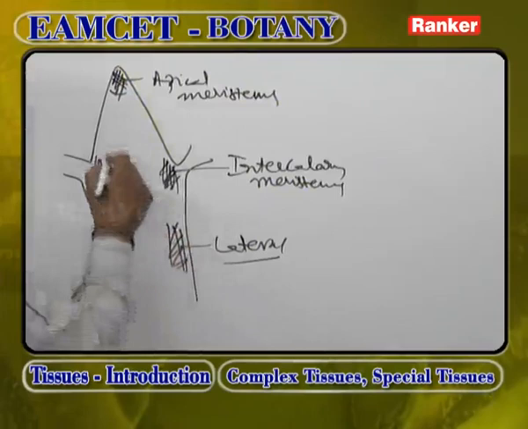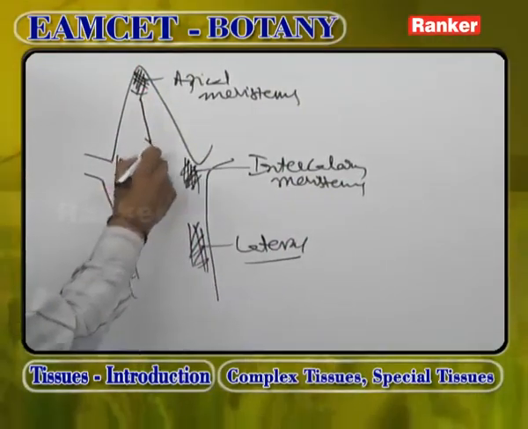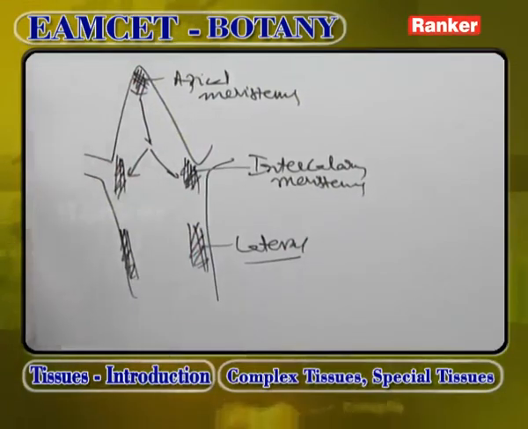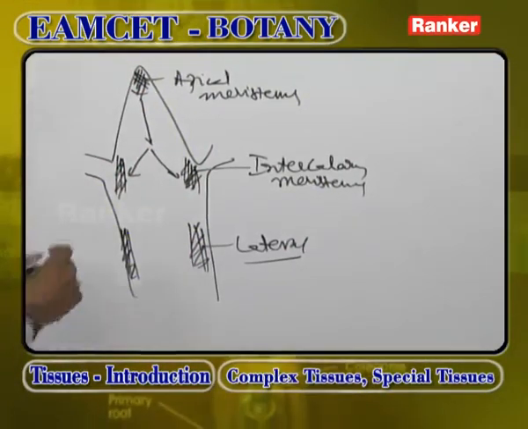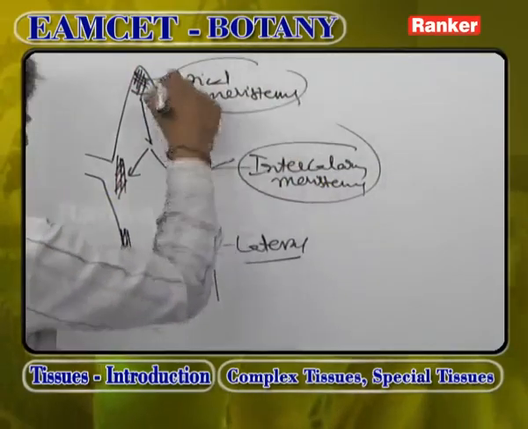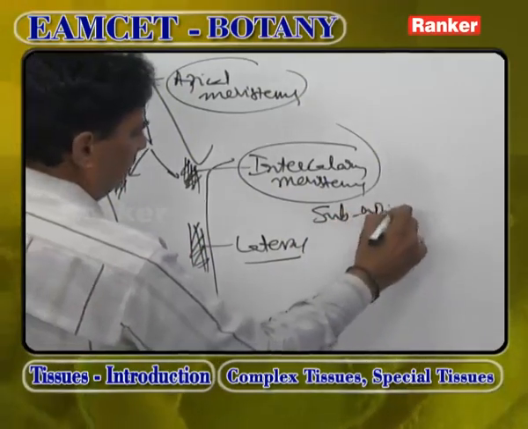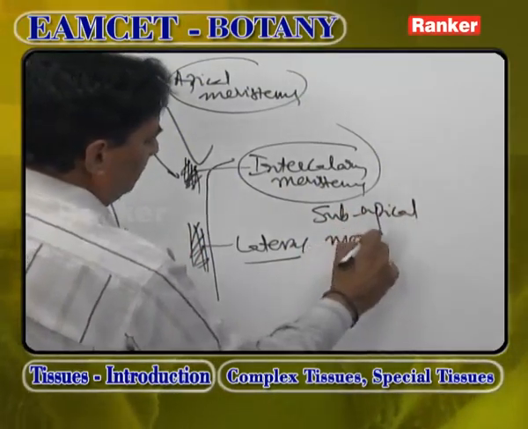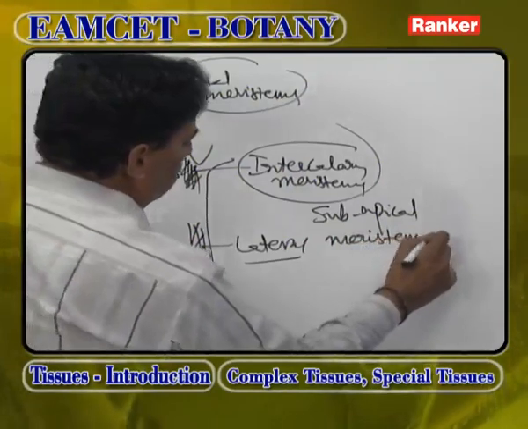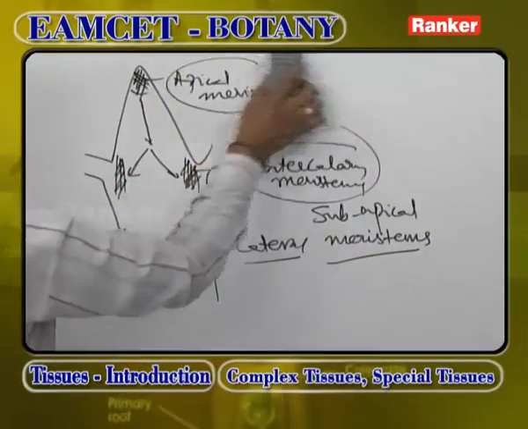This is intercalary meristem. Normally, apical meristems descend downwards and convert into intercalary meristems. So intercalary meristems are nothing but apical meristems which have moved downwards. That is why intercalary meristems are also called subapical meristems.